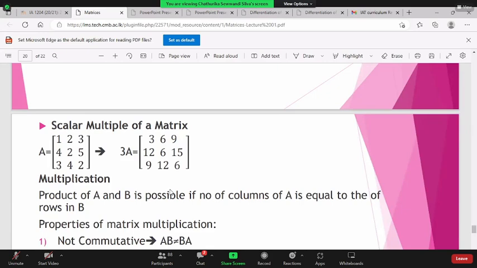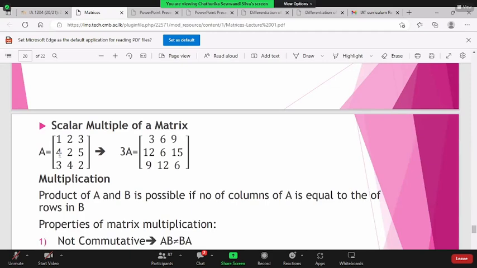Under scalar multiplication, we multiply every element of the whole matrix by the same scale. Scalar means a number like 1, 2, 3, 4. It's not a matrix but just a real number, or it can be an imaginary number as well. That is called a scalar multiple of a matrix.